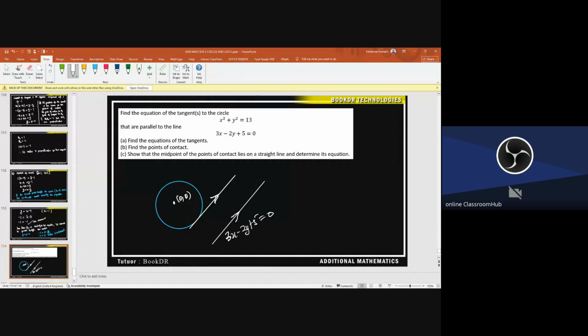This is not the first time. When you see an equation in this form, x squared plus y squared is equal to 13, the center is (0, 0), because if we want to express this in the standard form, that will be x minus 0 all squared plus y minus 0 all squared, and that will give us the 13. Good. What will be the radius?